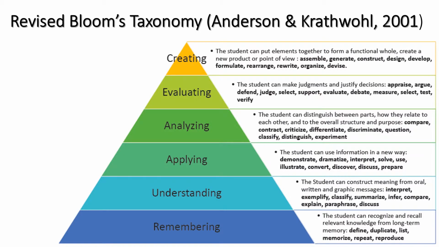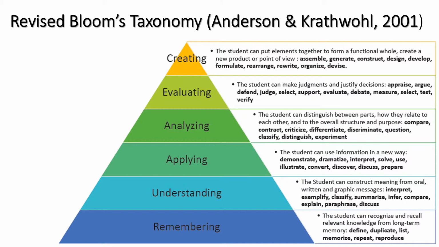On this slide, we have the revised Bloom's taxonomy from Anderson and Krathwohl back in 2001. Here you can see a colorful pyramid with 6 different levels of learning within the cognitive domain.